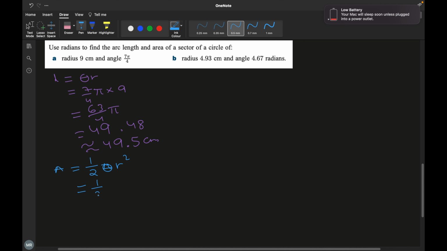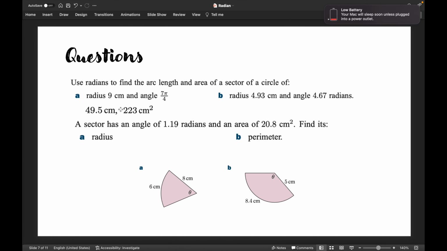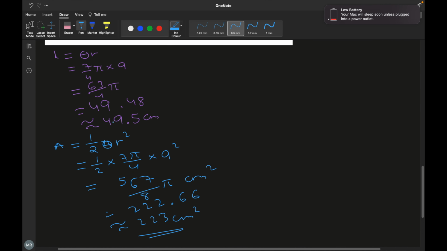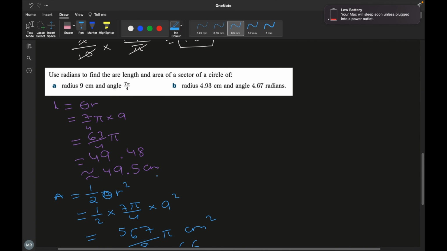So this will be half into 7 pi by 4 into 9 squared, which is 567 by 8 pi cm squared, which is 222.66, which will round off to 223 cm squared. Let's check our answer. It's 49.5 and 223 cm squared. So we got our answer.